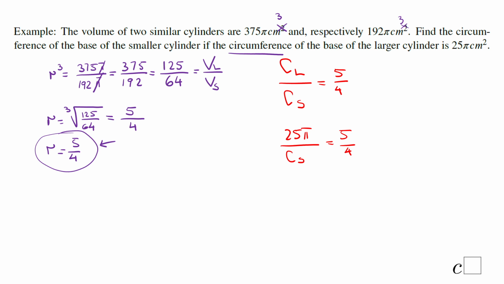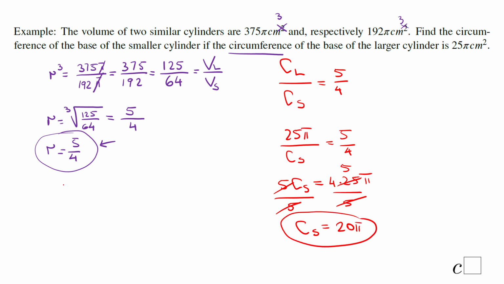We're going to do cross multiplication, and I have 5 times the circumference of the small circle equals 4 times 25 pi, divide by 5 here, and the circumference of the small circle will be, 5 goes in 25 five times, so 4 times 5, 20 pi.